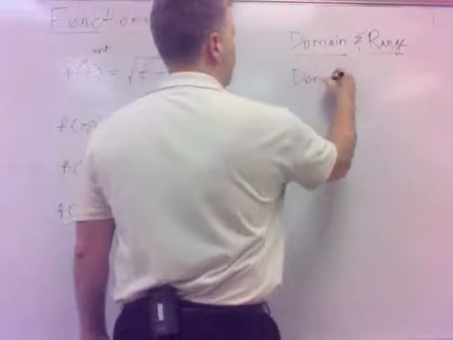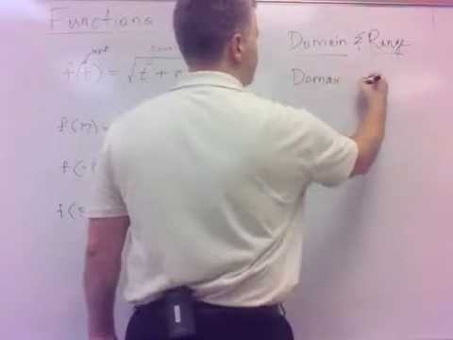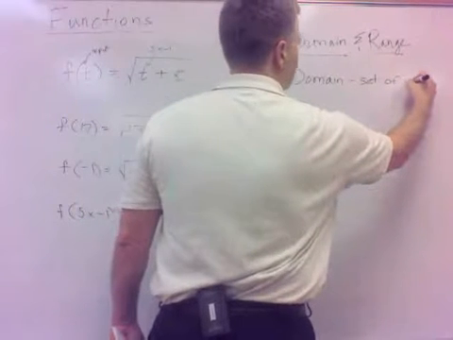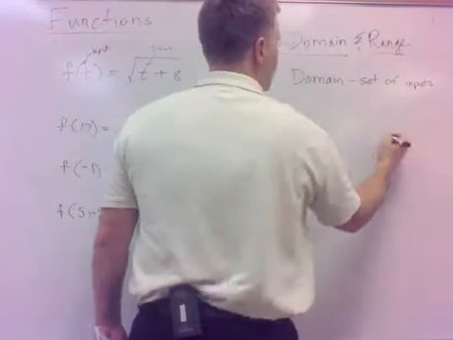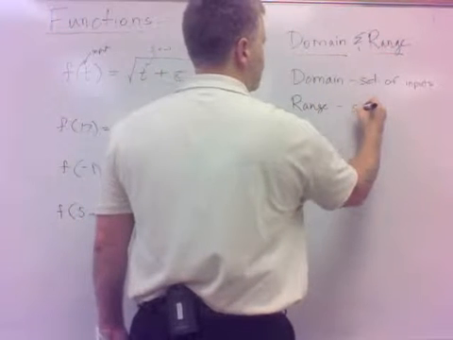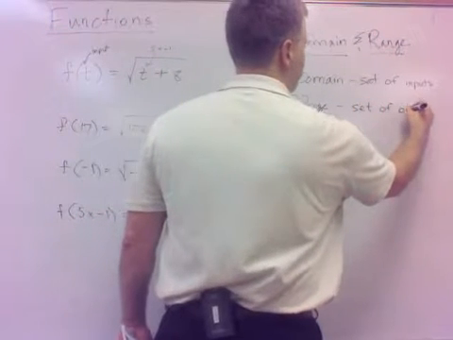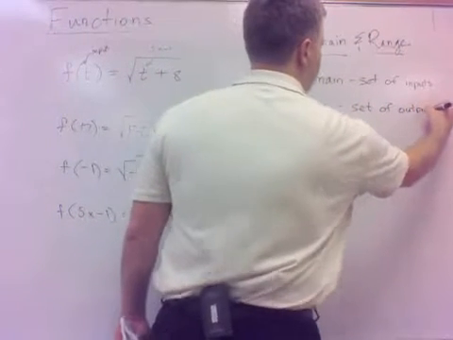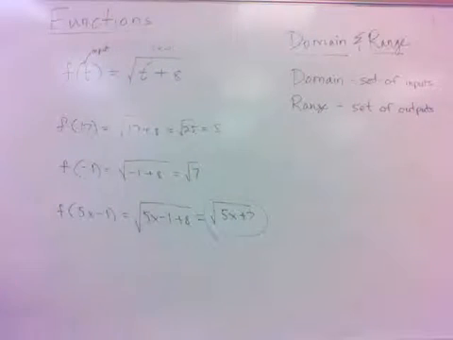It's the set of inputs in your function or relation, and the range is the set of outputs. Domain is a set of inputs, range is a set of outputs. Yeah, it's just names given to those particular sets.